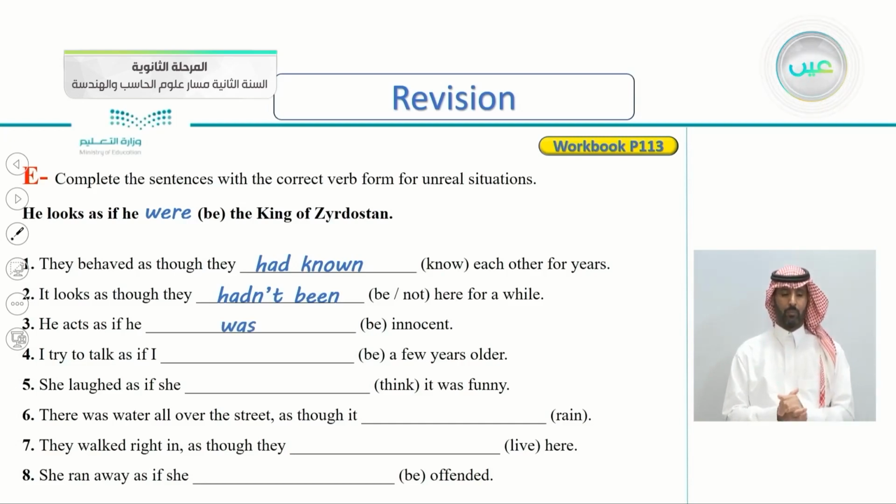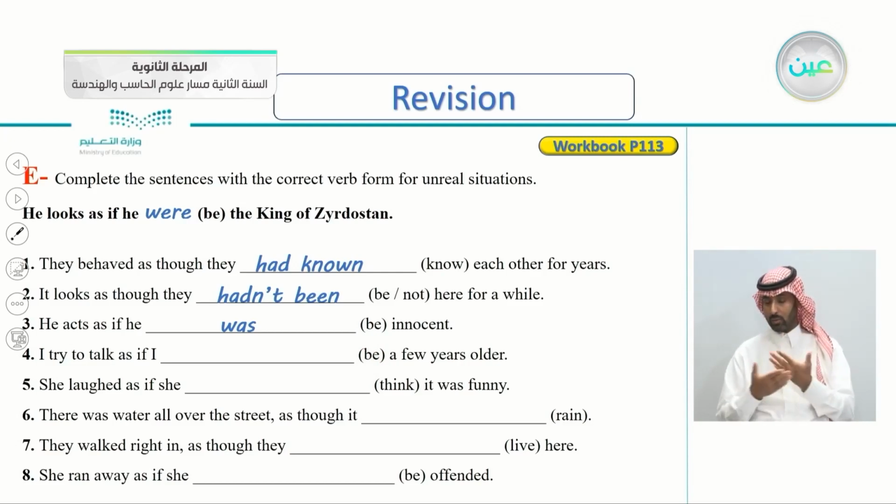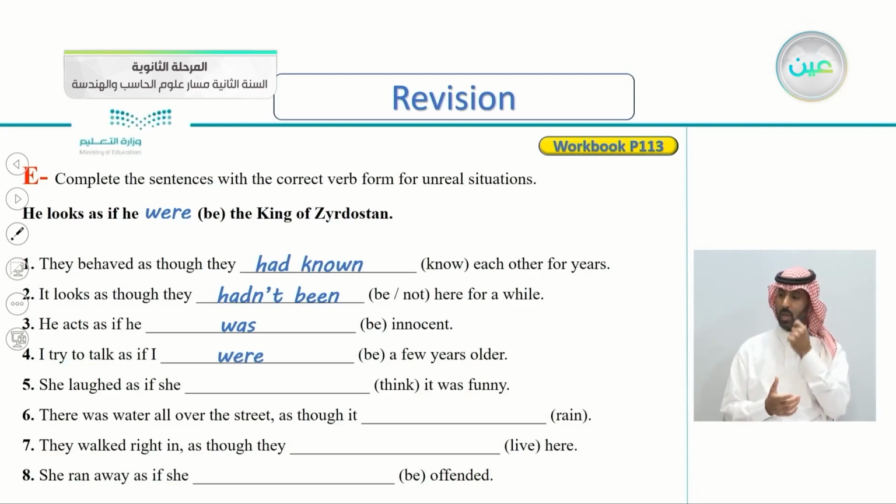He's guilty. Number 4, I try to talk as if I, and the verb is be, a few years older. So I try to talk as if I were a few years older. So he's still young. Number 5, she laughed as if she think it was funny.